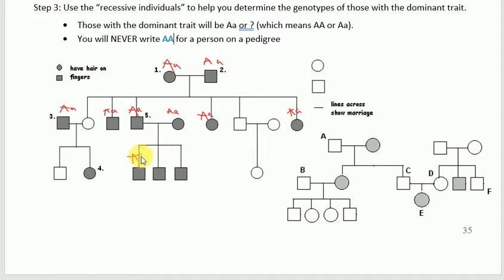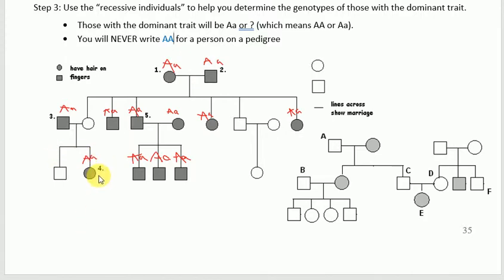And a couple more to go here. Okay, so we've labeled all of those. Now we need to look at other information that we have.